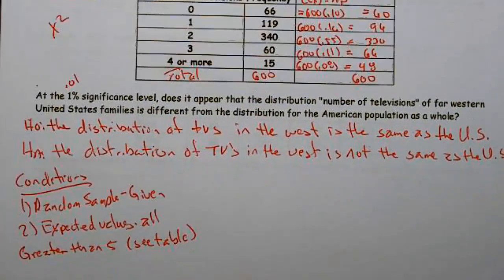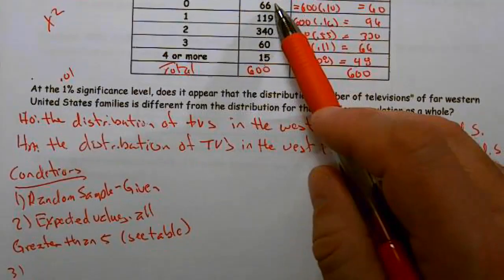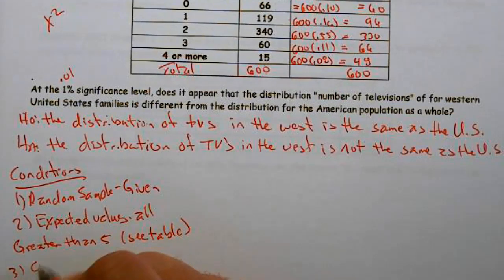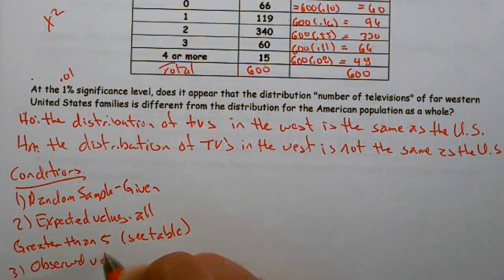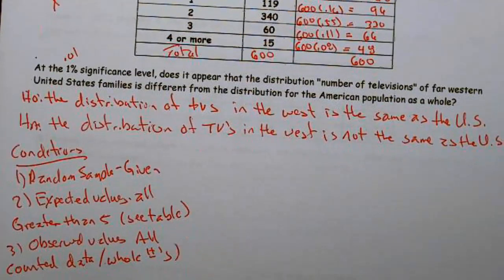All right, the next thing, my observed. When I look at my observed values, they are all counted data, whole numbers.